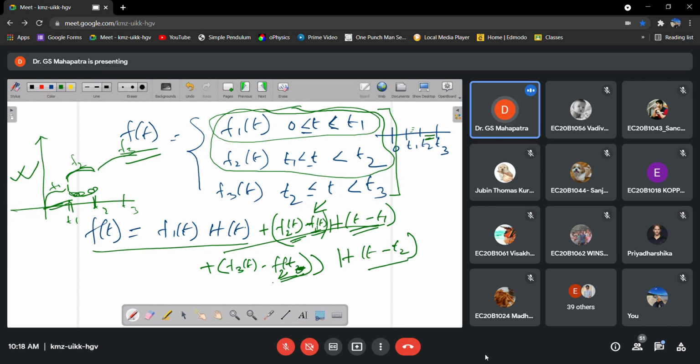That's why I have given the right hand side also F1, F2, F3. This is the region.